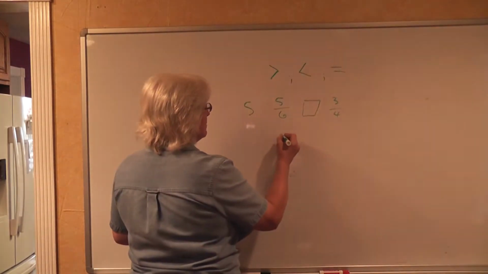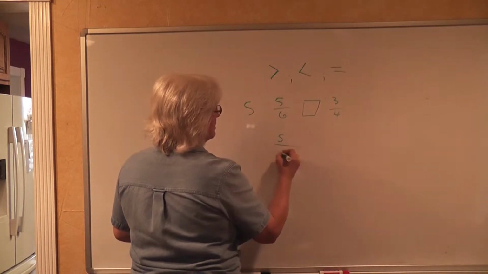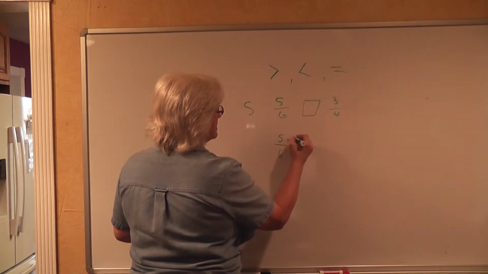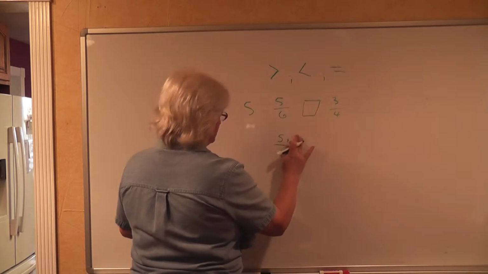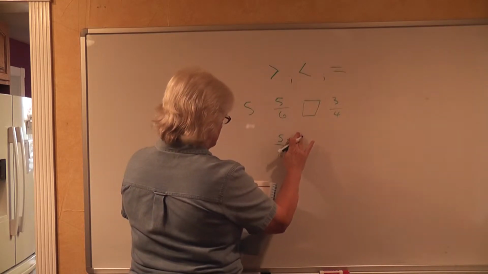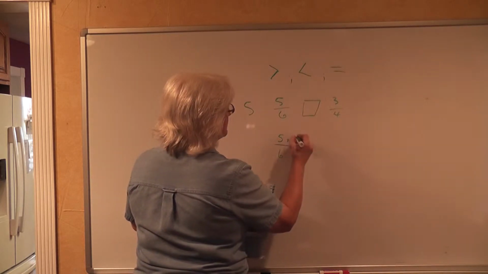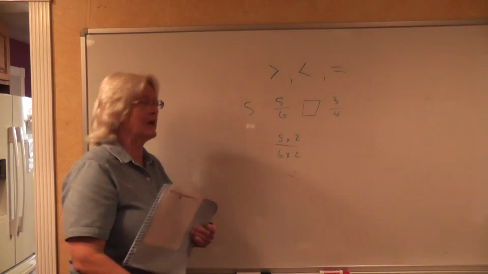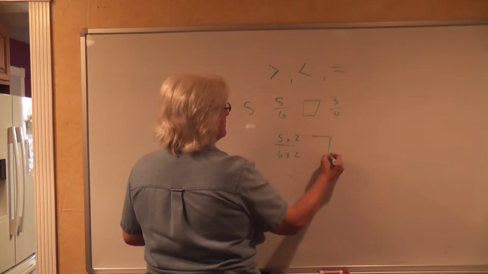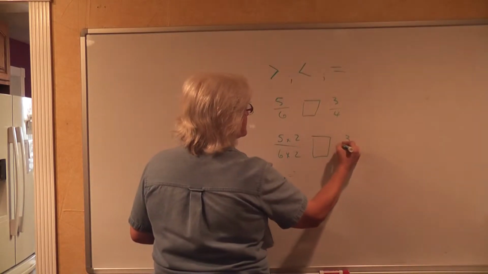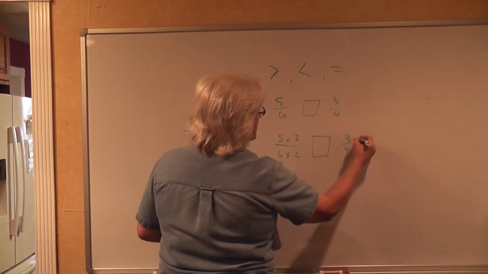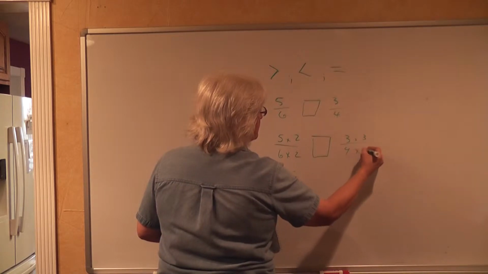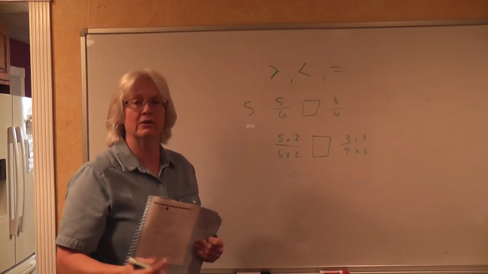So we're going to multiply 5/6 by 2 in the numerator and the denominator. We're going to multiply 3/4 by 3 in the numerator and the denominator.